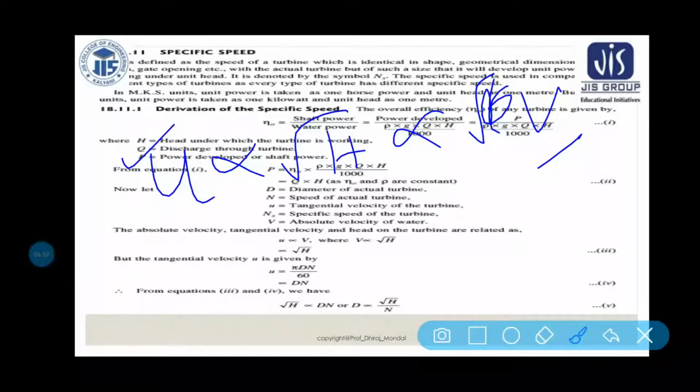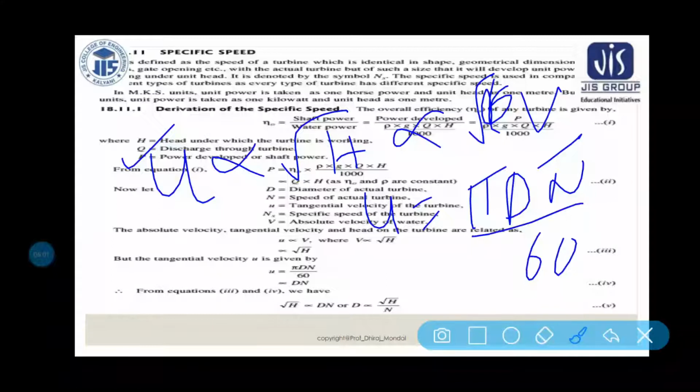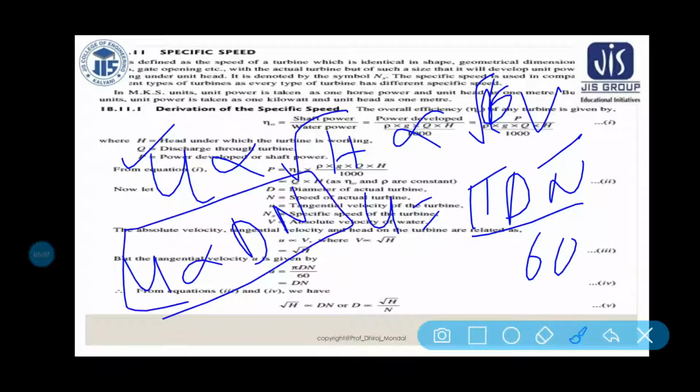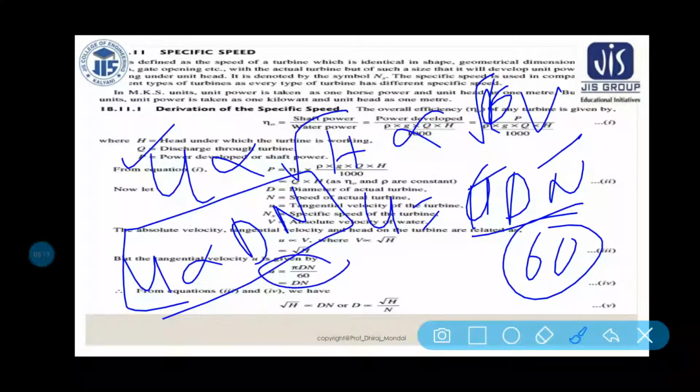Clear? Now U is equal to pi D N by 60, which means U is proportional to DN, because pi and 60 are constants. So U is proportional to DN, and U is proportional to root over h.